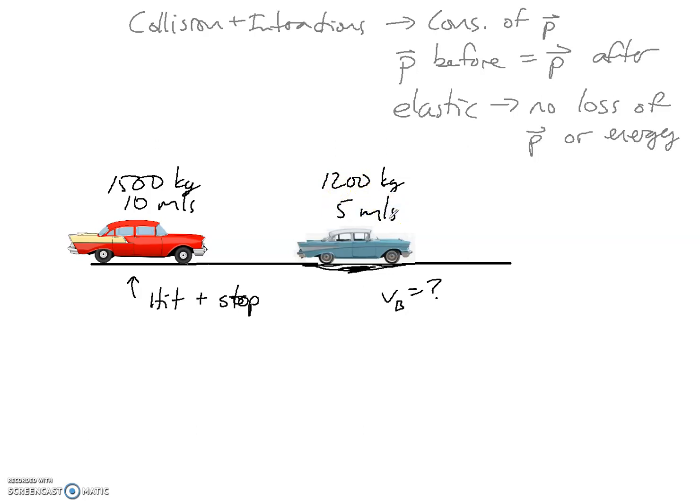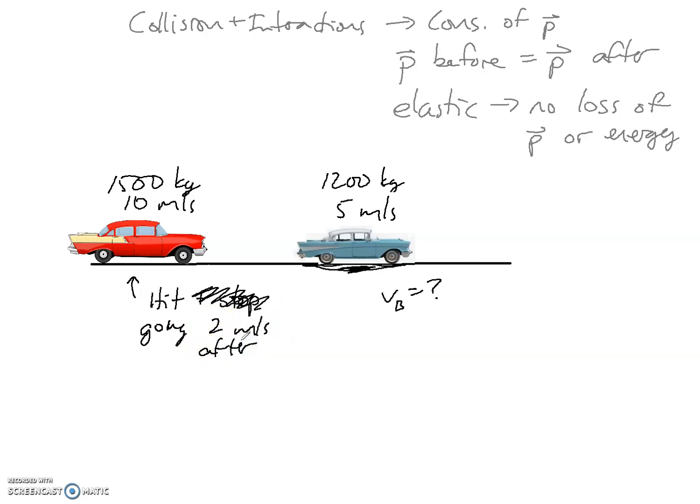So still a rear end situation. The red car is still going to hit the blue car. And afterwards, instead of this car stopping, let's say it's going 2 meters per second after.